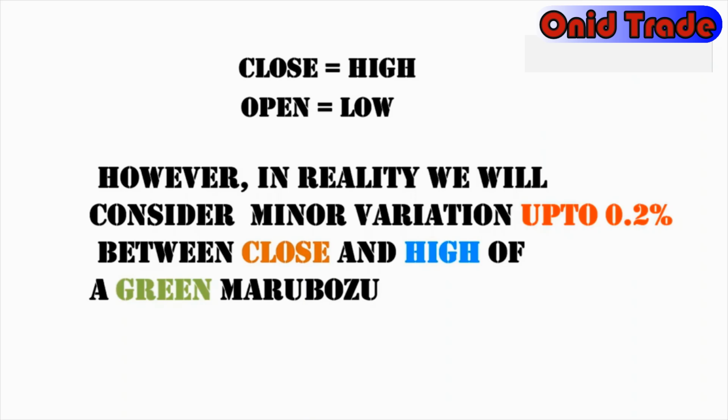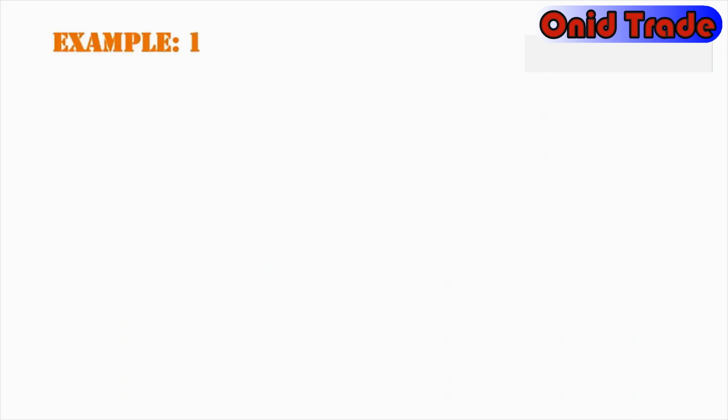It means if there is a difference between close and high up to 0.2%, then we will consider it as a Marubozu. So how will we calculate this close and high variation? Let's see.